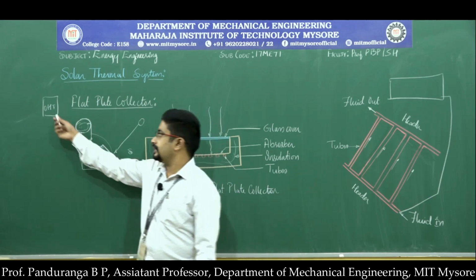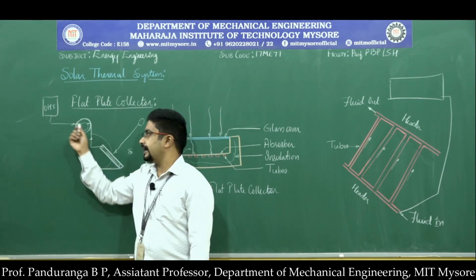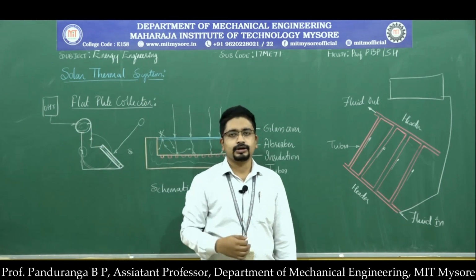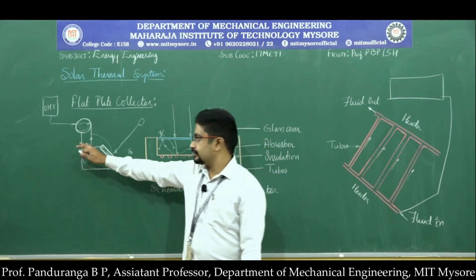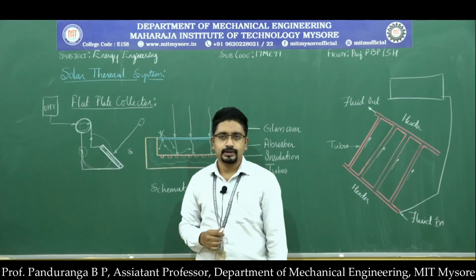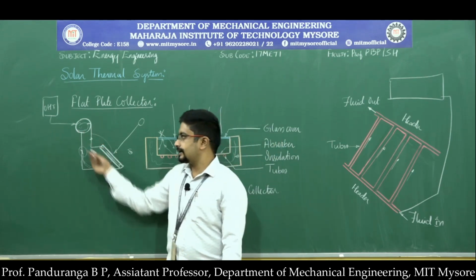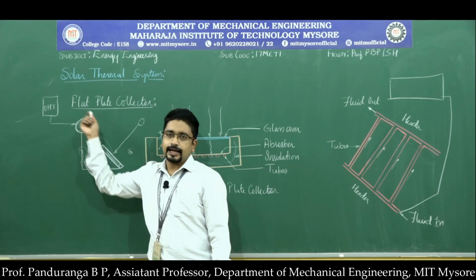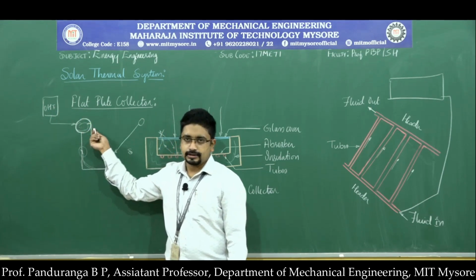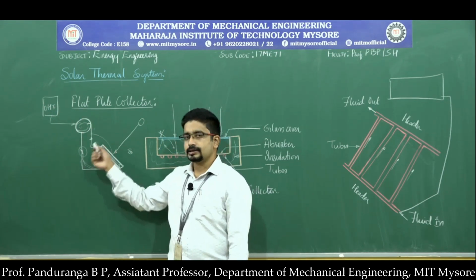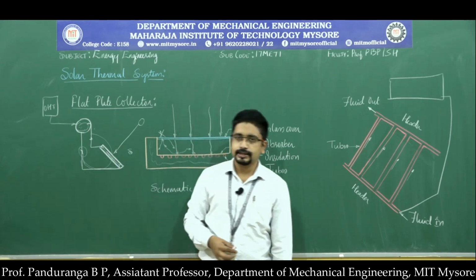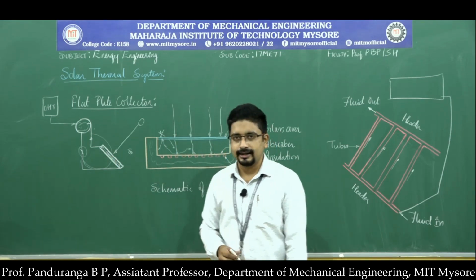That is because we need the aid of gravity to circulate water within the solar water heater. So we use gravity, without using any electricity, for the circulation of water from the overhead tank to the solar heater tank, and from there inside the circuit. So that is the working of a flat plate collector.